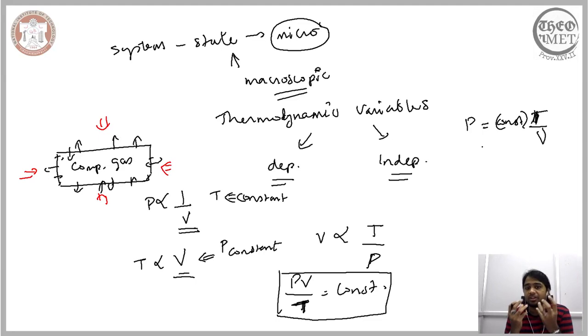The reason it is important for us to play around with dependent and independent variables, to consider one as the dependent variable and the other as the independent variable, is because when you relate your thermodynamic understanding to a physical setting, at certain setups it is easy for us to measure certain variables. For instance, in a setup it will be easier for you to measure temperature and volume rather than pressure.